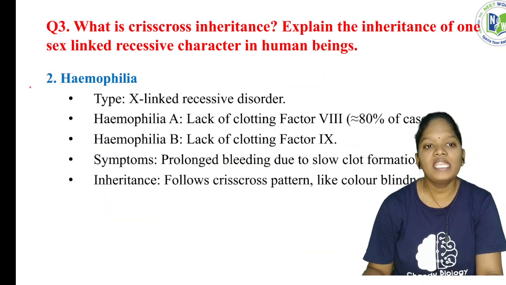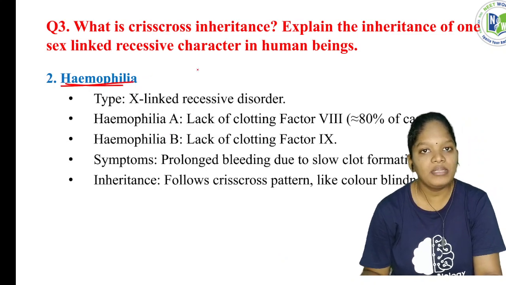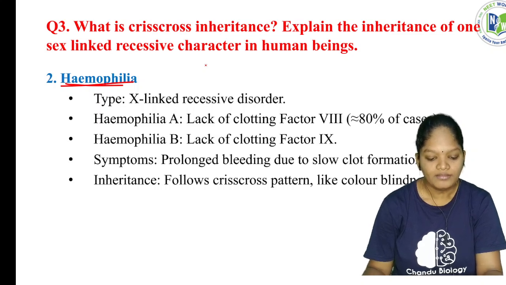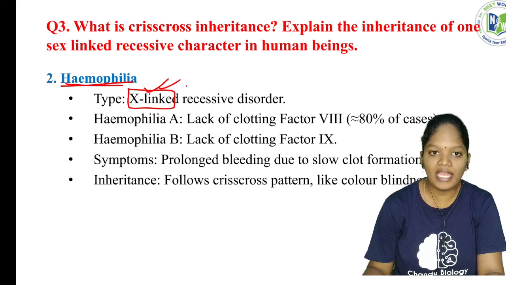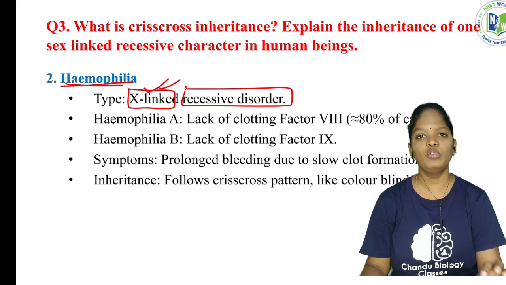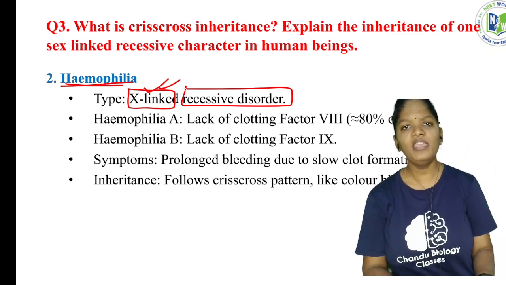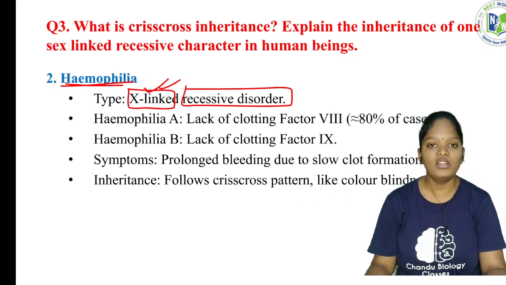Now the second thing will be hemophilia. The first example was color blindness and the second example is hemophilia. Hemophilia is again X-linked and a recessive disorder. So what exactly is hemophilia?